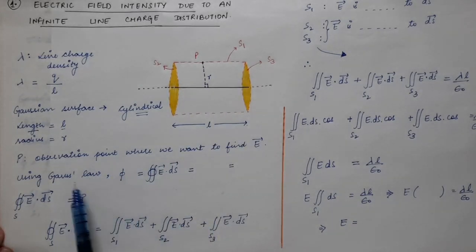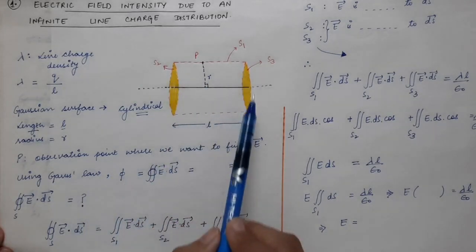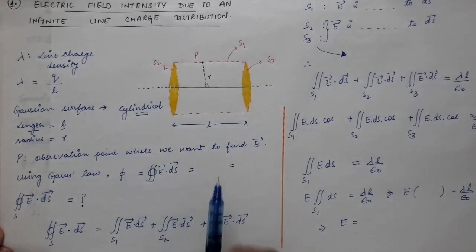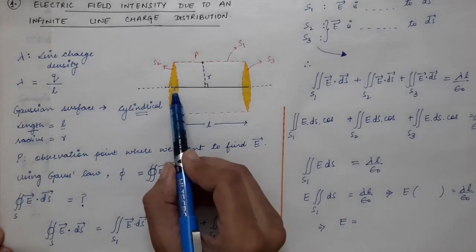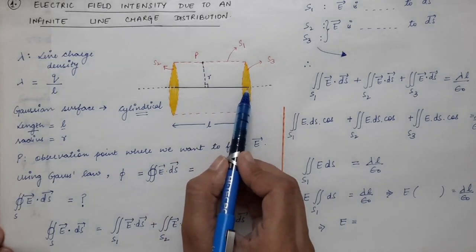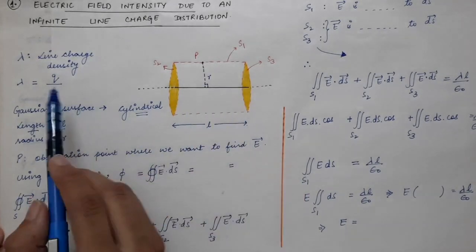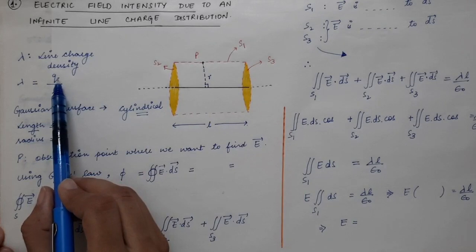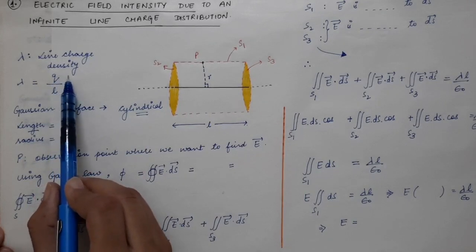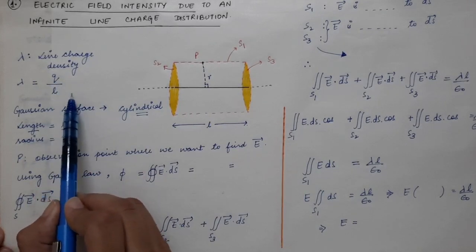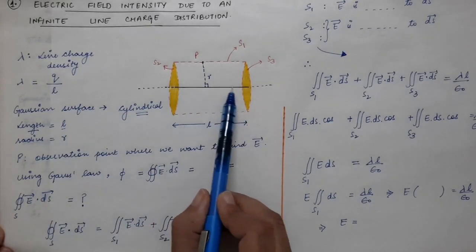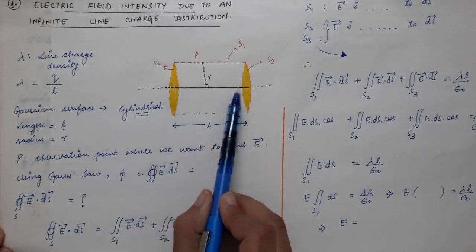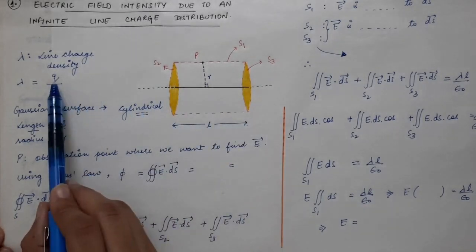So the flux linked with this Gaussian surface will be given by the charge present inside it. What is the charge present inside? As we had considered earlier, q amount of charge is present in L amount of length. So the charge present in this whole region of length will be equal to q.